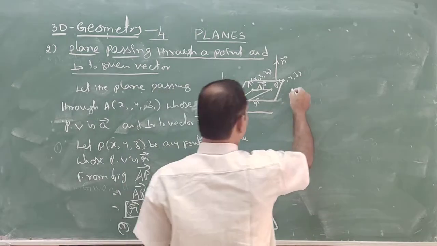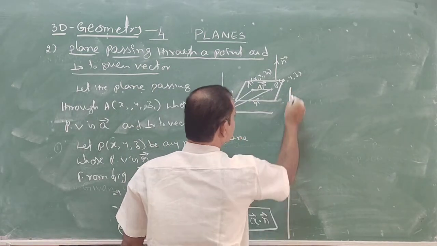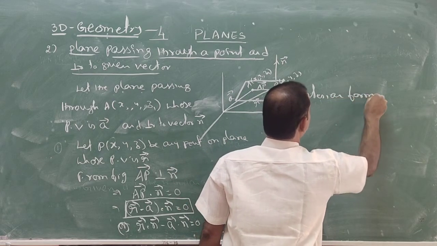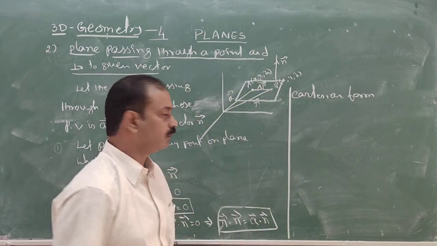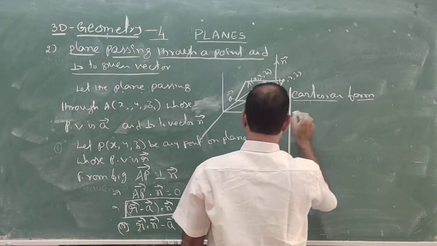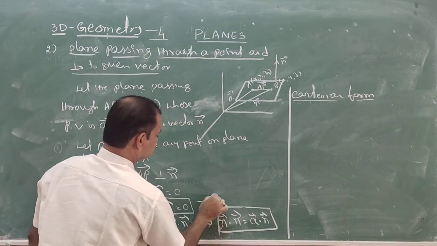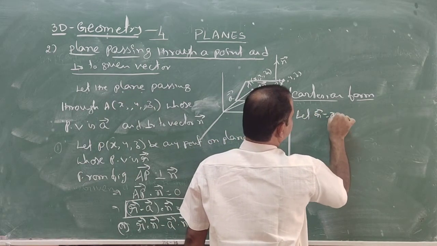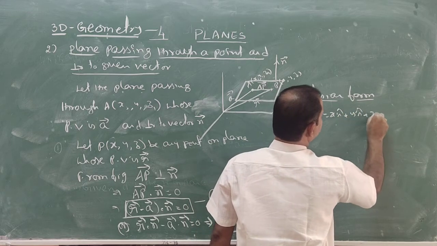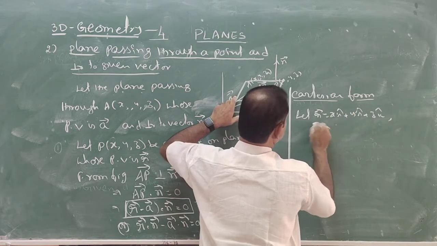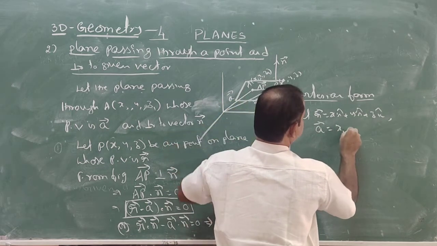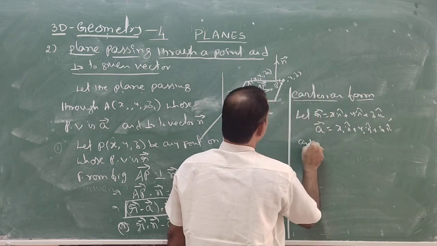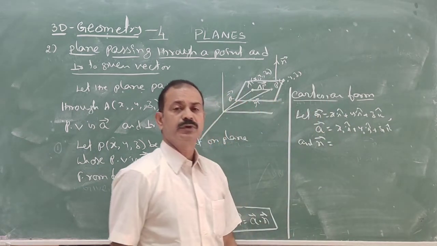In the Cartesian form, when you take it in Cartesian form, you can mark this one as star. So let R be equal to xi plus yj plus zk, vector A is nothing but x1i plus y1j plus z1k, and n is the DRs.